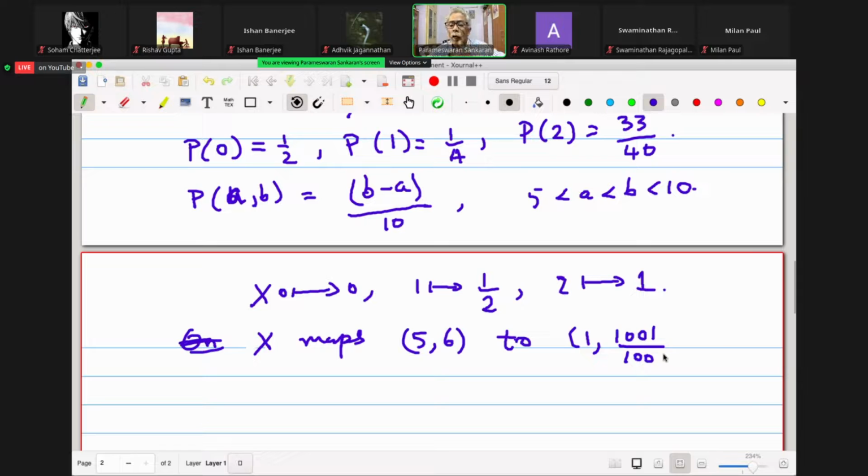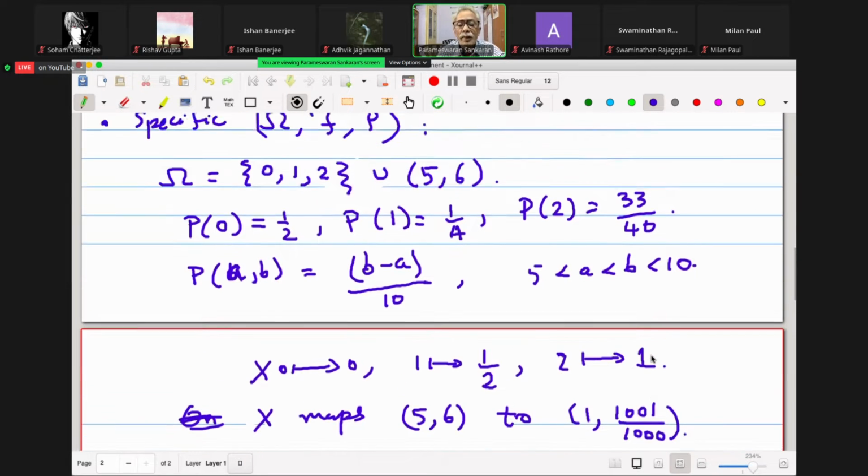But maybe some scaling is required, but I map it like this.